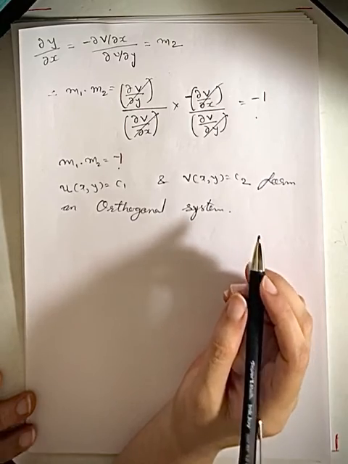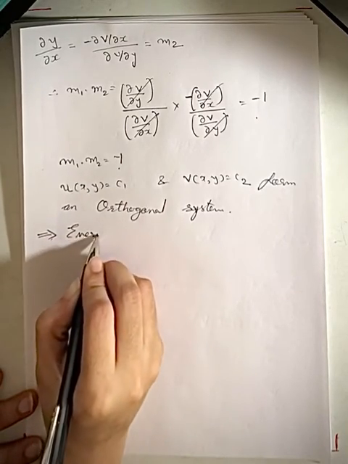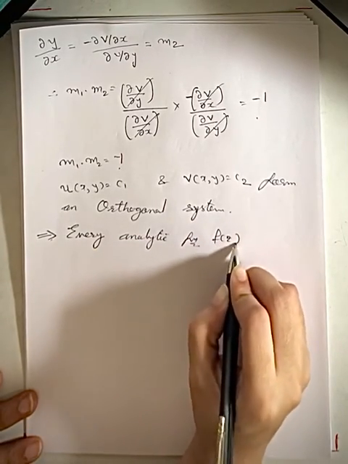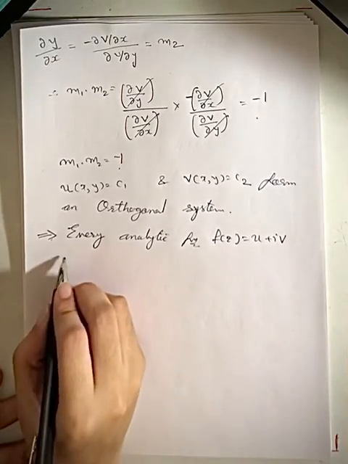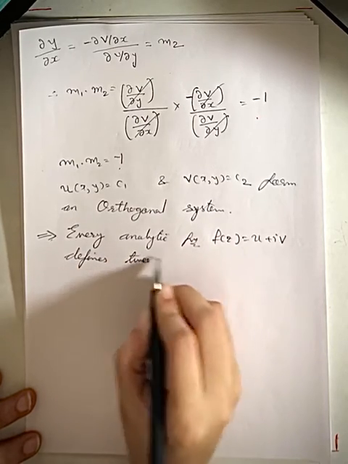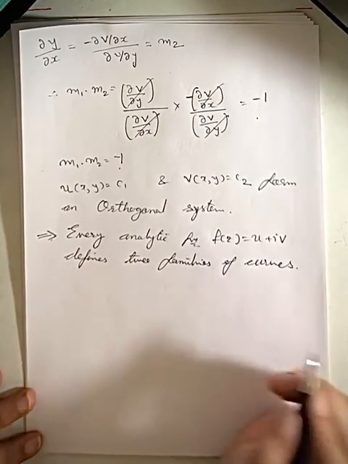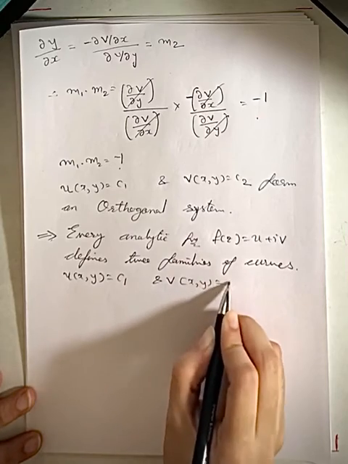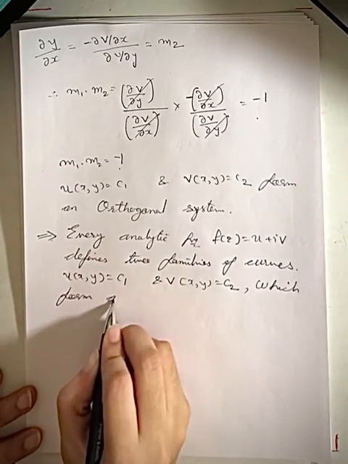And therefore this is something we should know, that every analytic function f of z equals u plus iv defines two families of curves, u of xy equals c1 and v of xy equals c2, which form an orthogonal system.